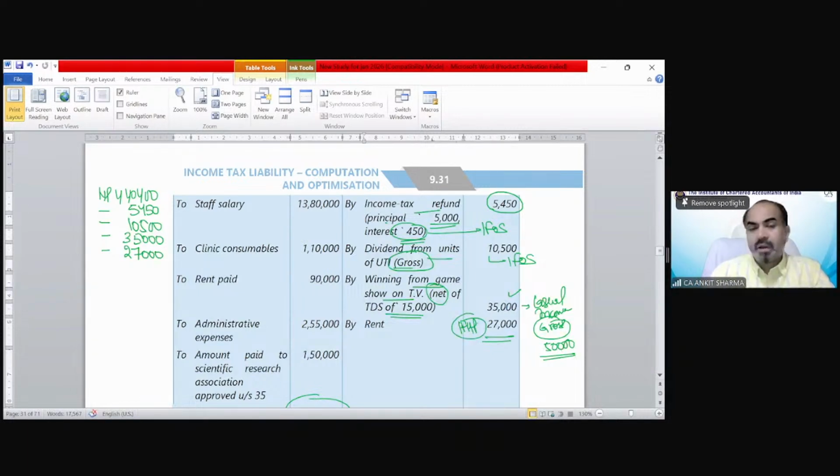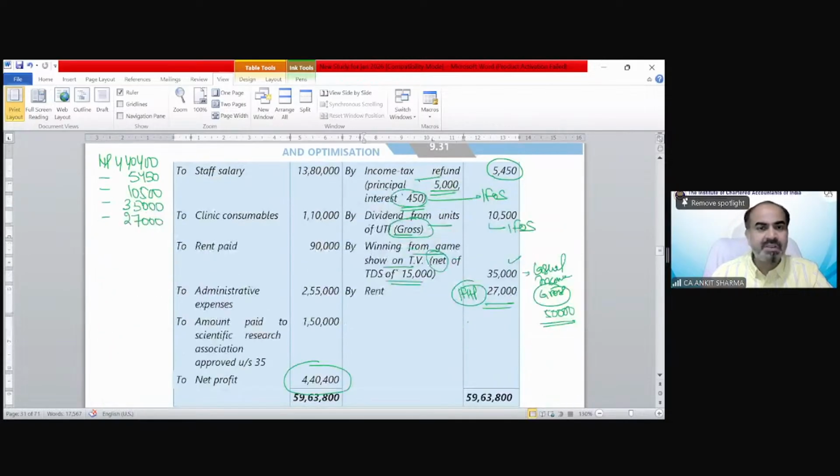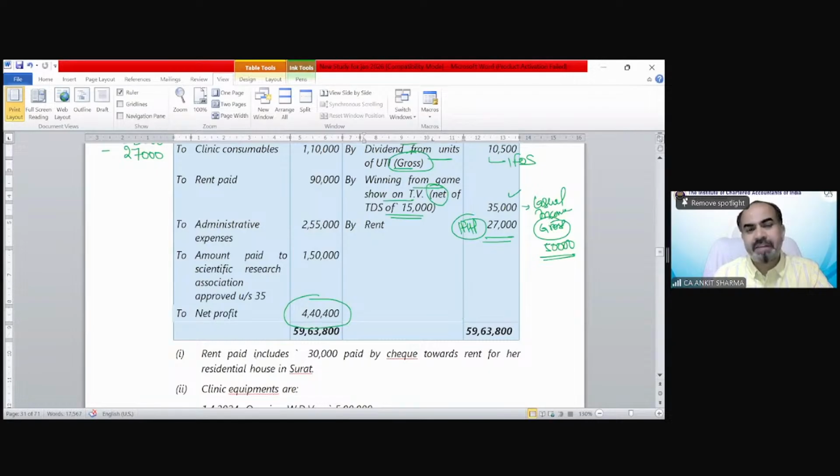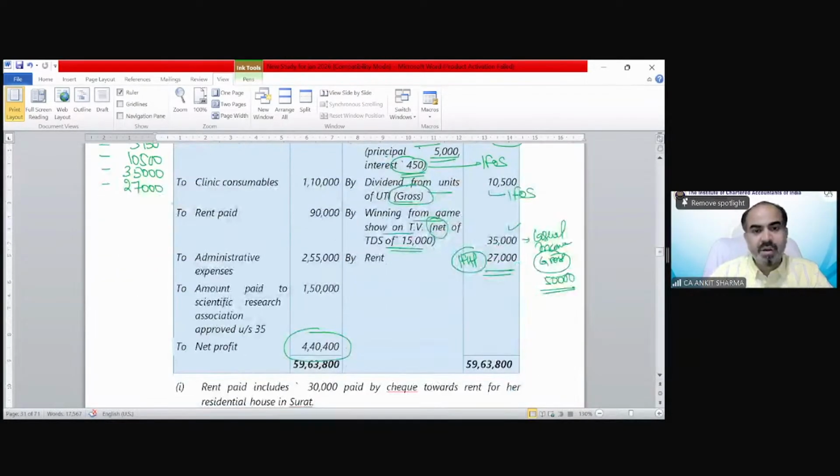Okay. Now from expenses, we will see whether there is any kind of expense which should not be part of my business expenditure: medicine consumed, of course business, staff salary, clinic consumables, rent paid, administrative expenditure. Before that, let me tell you, we are solving this net profit as per the default tax regime.